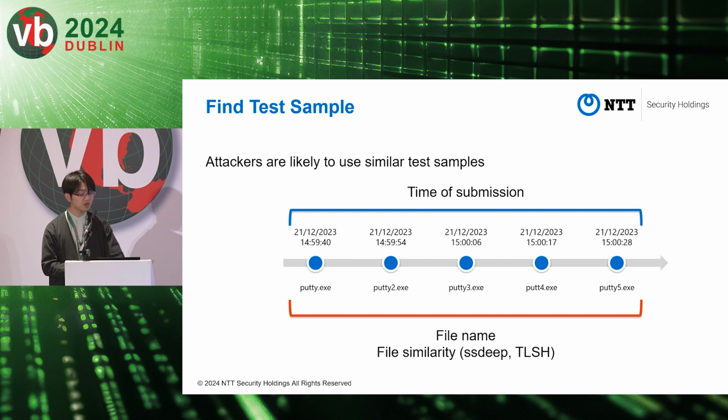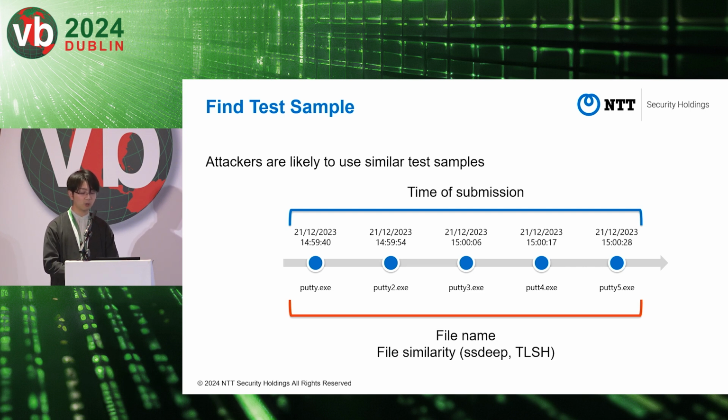First, the submission times are often concentrated within a short time frame. There is a possibility that undiscovered test samples are hidden among the samples submitted shortly before or after the known test samples. Additionally, as shown earlier, there is a bias in the legitimate software used for the test samples.